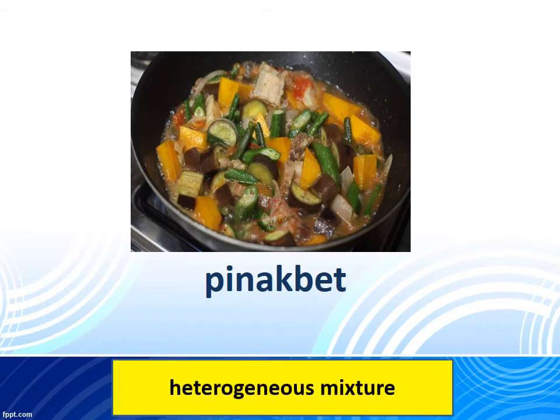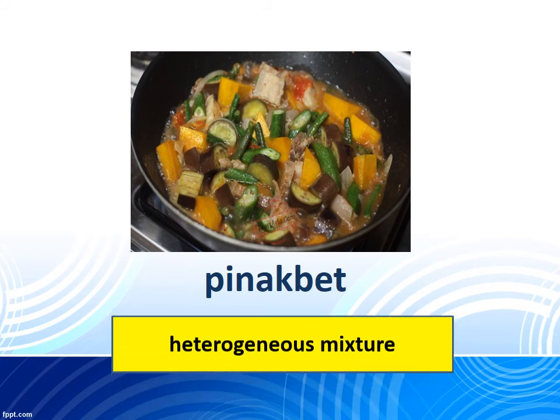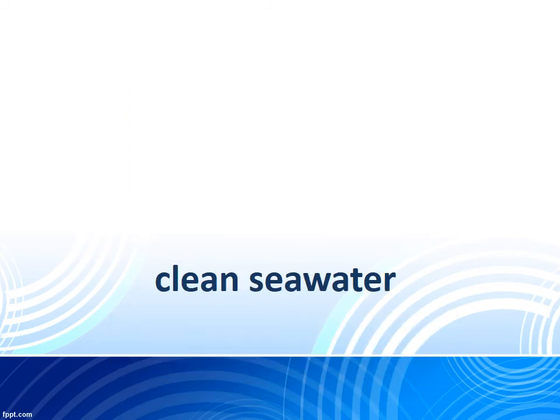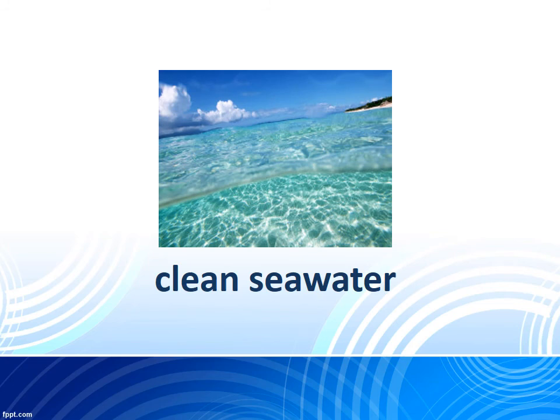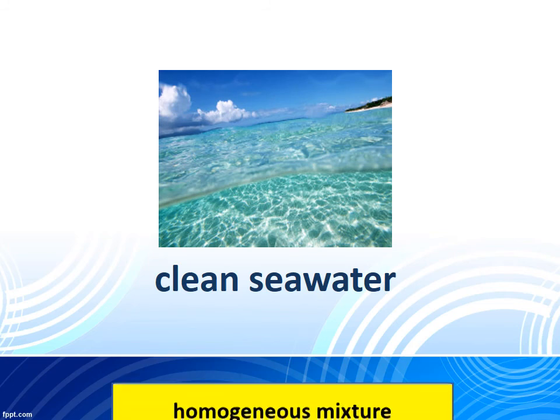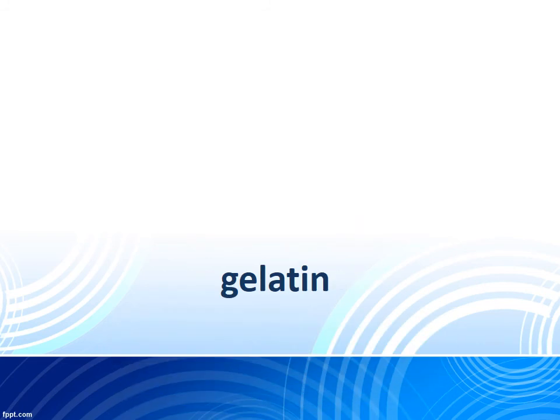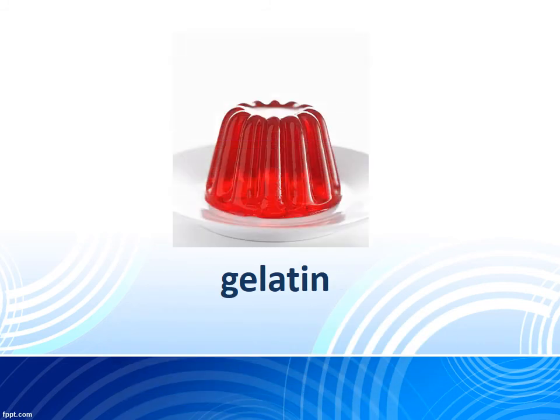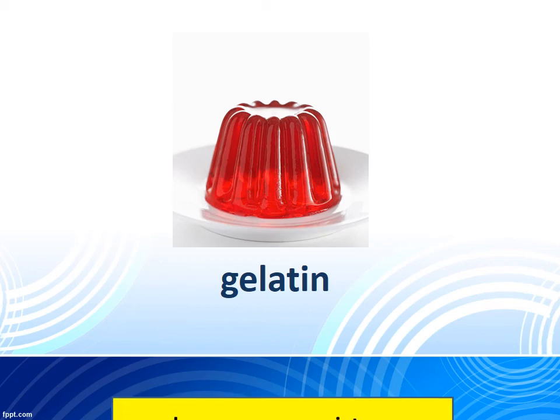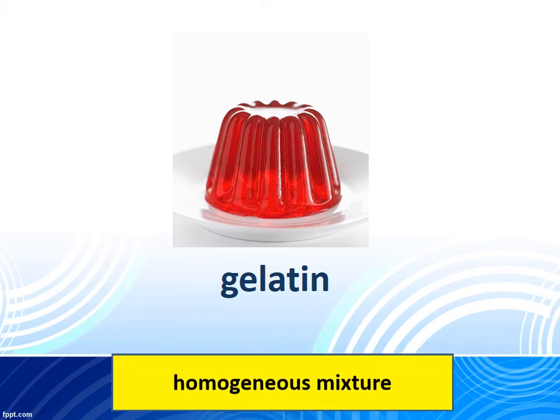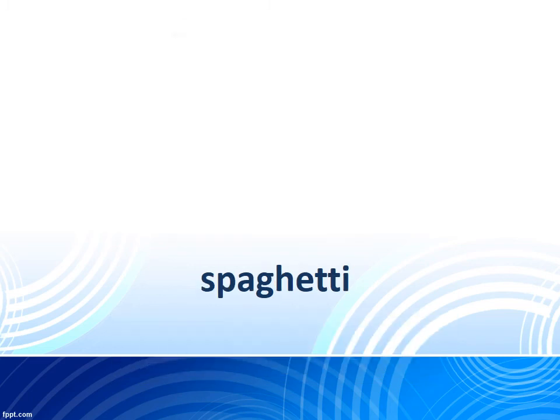It's classified as a heterogeneous mixture because you can still see the component parts. Next, clean seawater. Okay, you are correct. It has only one form or one appearance, so it's a homogeneous mixture. Next, gelatin. Yes, you're correct again. It's a homogeneous mixture.